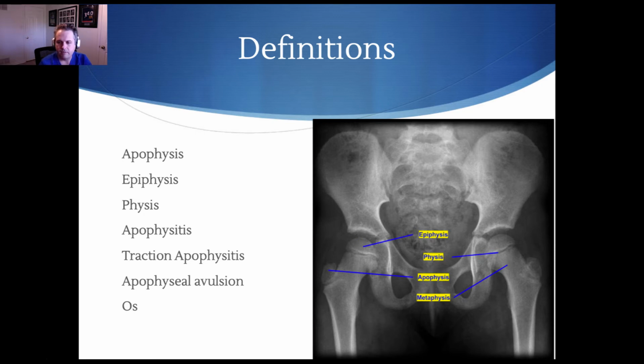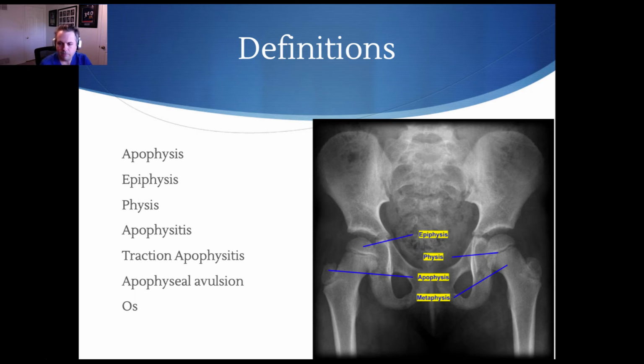You can see at the end of a bone, you have what's called an epiphysis at the femoral head, and that refers to the bone on the other side of the growth plate, and typically these articulate with another bone in the realm of a joint. The line between the epiphysis and the rest of the bone is called the physis, and that's essentially the growth plate. The transition part from the shaft of the bone, which is the diaphysis, is called the metaphysis, and in here that would refer to the femoral neck.